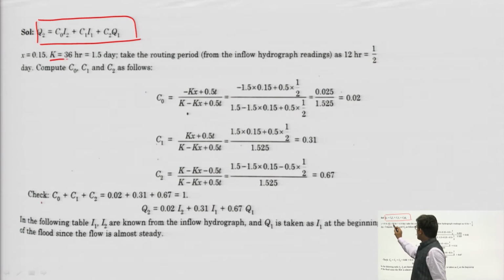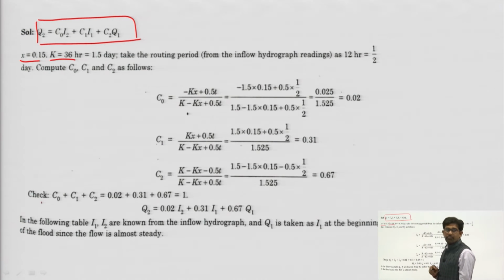The values of K and X are given as Muskingum constants. And we know that the unit of K is time.